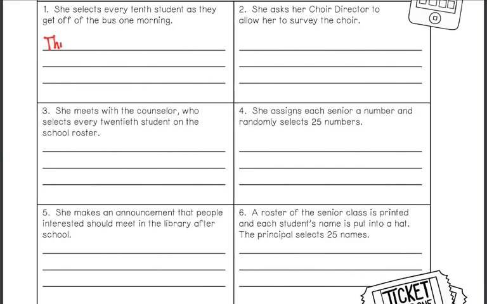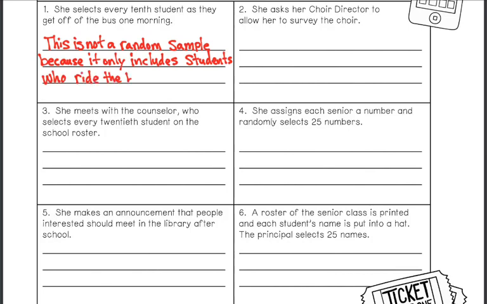Well, no, it's not, because it's only getting people that are on the bus. Not every student rides the bus, so that would not be a good indicator. Even though it was random for every 10th student, not everybody rides the bus. Now, if everybody did ride the bus, that would be a great random sample.